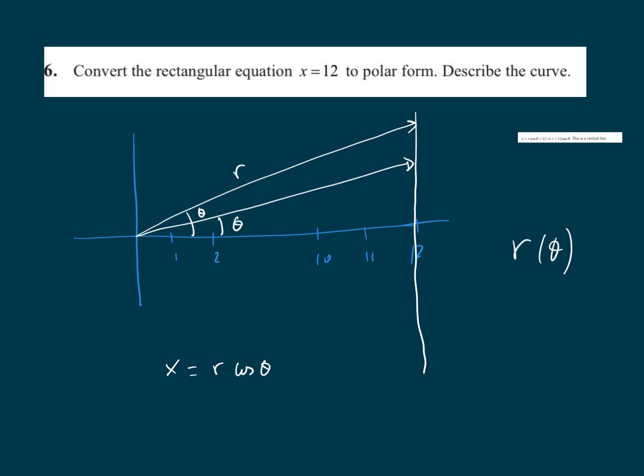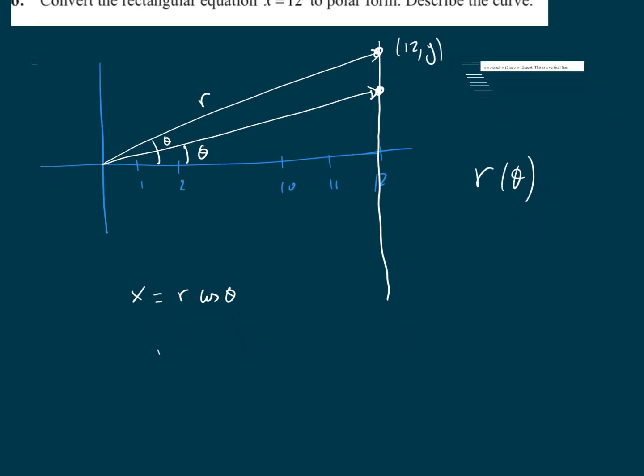And let's say that this is the point 12 comma y, for any y. This is the structure of this point, 12 comma y. So the r of theta is the x divided by cosine of theta.